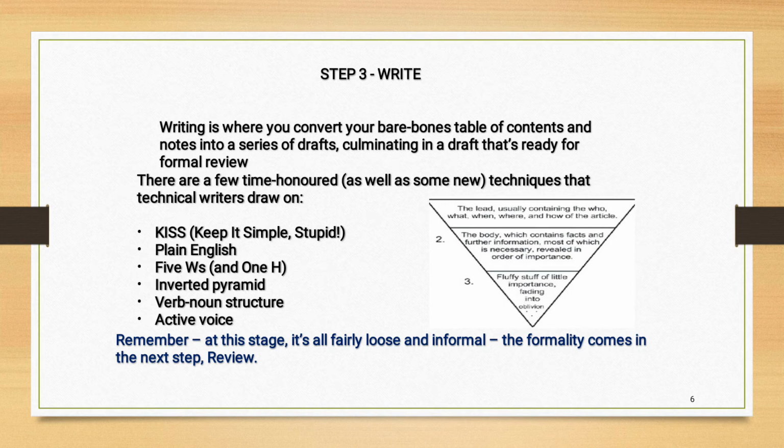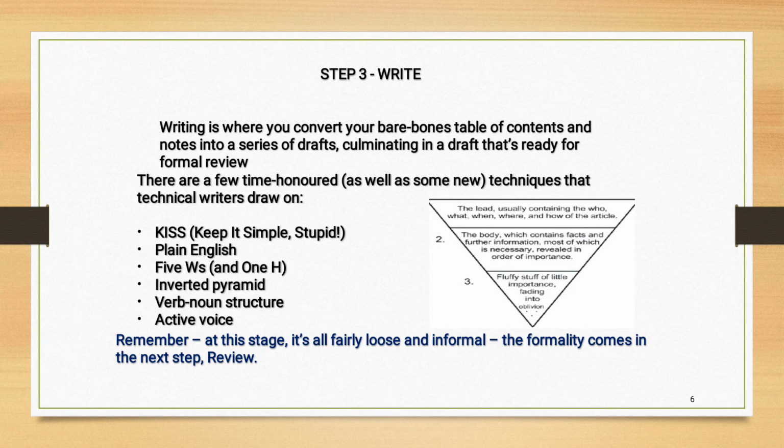As the figure shows us, the lead usually contains the who, what, when, where, and how of the article. Next we have the body, which contains facts and further information, most of which is necessary, revealed in order of importance. Thirdly, and the least important, is the fluffy stuff of little importance, fading into oblivion. So, the inverted pyramid is a very important technique to be followed.